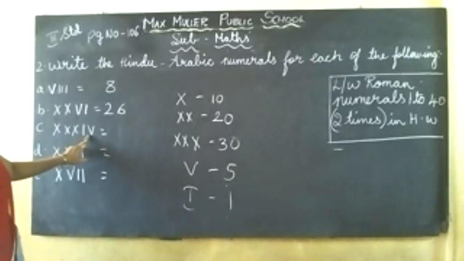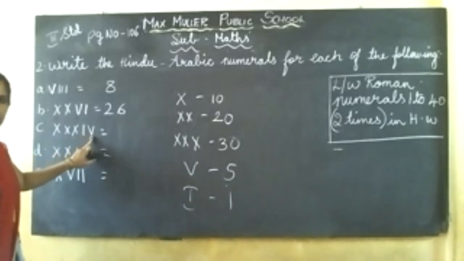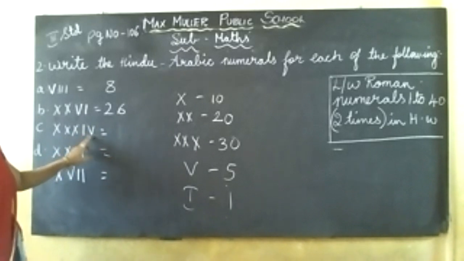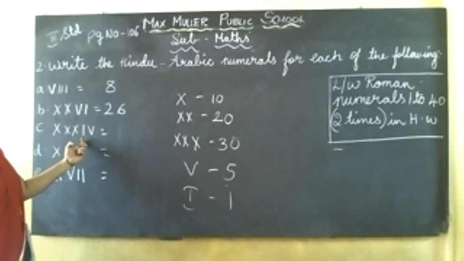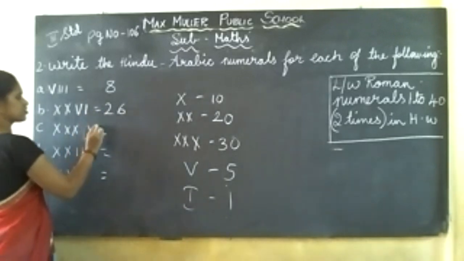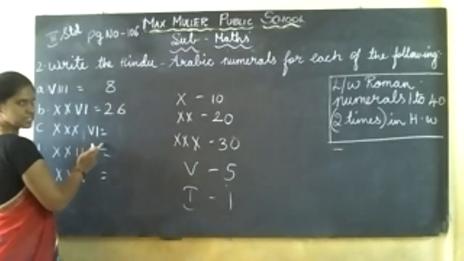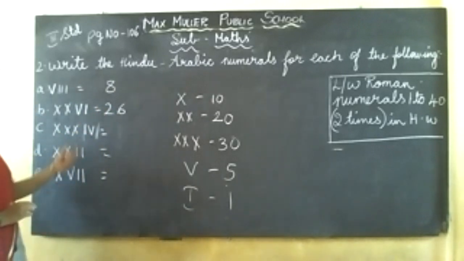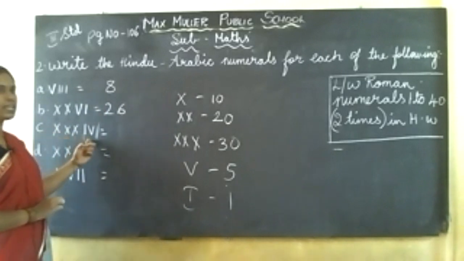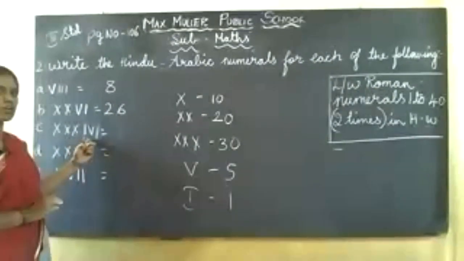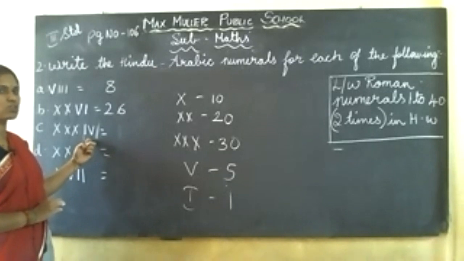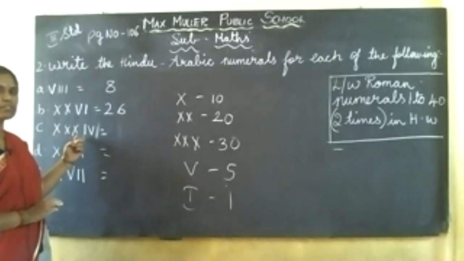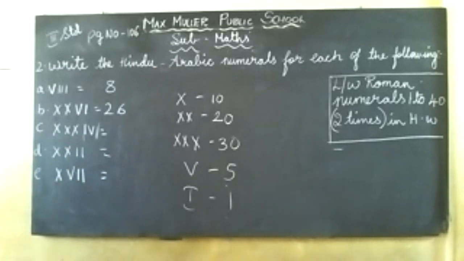Here they have given I, V. If you write I next to V, it will become 6. Here, I before V, how much will it become? 4. So 30 plus 4. Understanding all of you? I have told the rule also. So how much will it become? 34. So this one is 34.